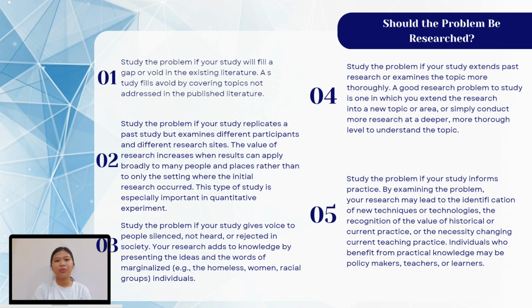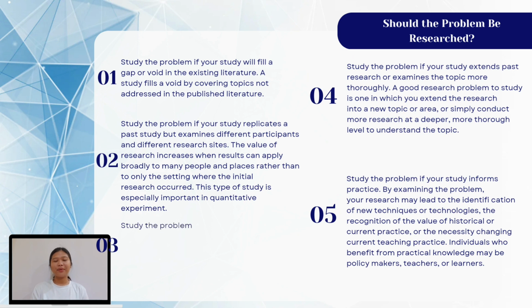They might find that while students' views have been studied, faculty members' views haven't been explored much. This is like a missing puzzle piece. There's a gap in what's been studied. So if we do a study about how faculty members think about the ethical climate, we'll be filling in that gap and adding new information to what we know. So if your study can help fill these gaps, it's definitely worth doing.